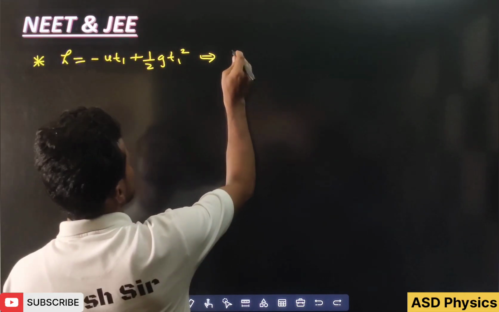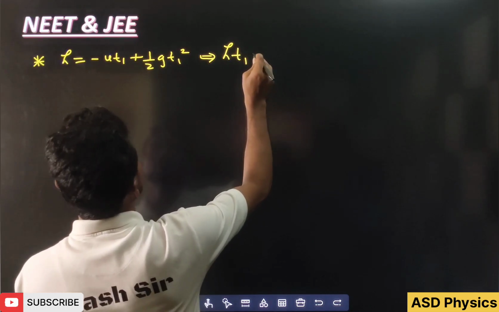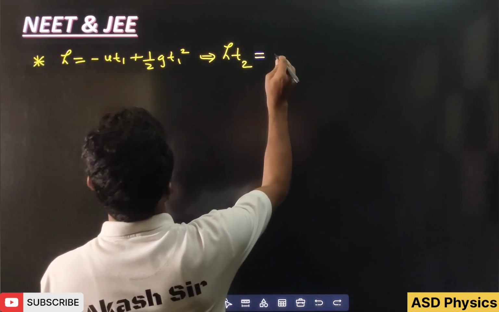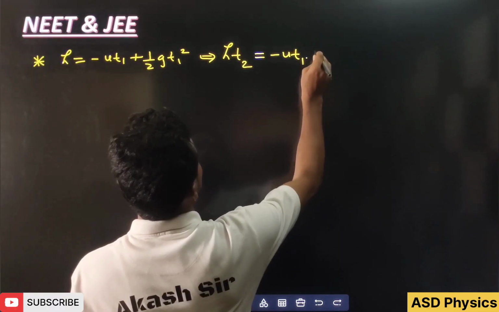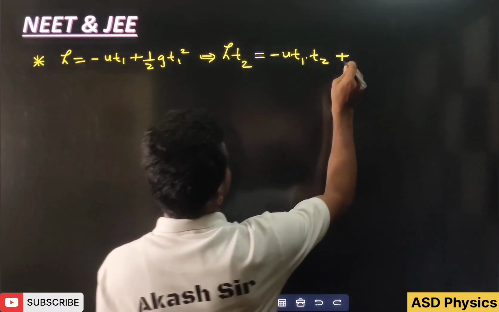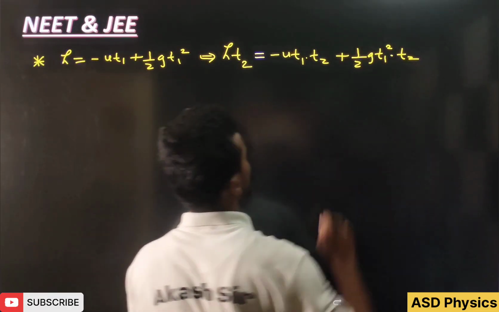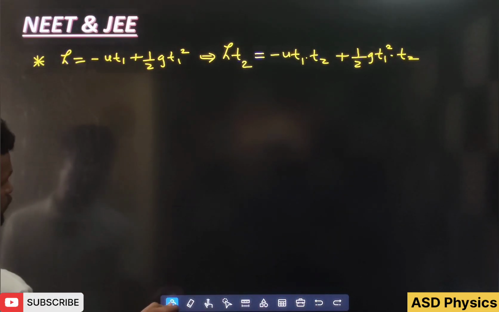If I multiply with t2, ht2 is equal to minus ut1t2 plus half gt1 square into t2. We have multiplied both sides with t2.